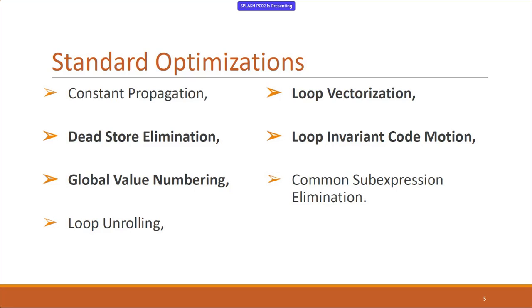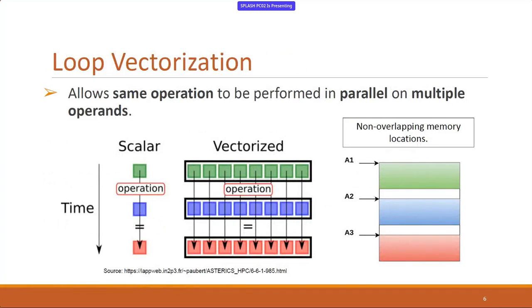So let's talk about loop vectorization in brief. Loop vectorization converts the scalar implementation of a loop to its vector implementation, which, instead of performing the same operation on a pair of operands, performs the same operation on multiple pairs of operands in parallel. And such loops are said to be vectorized.